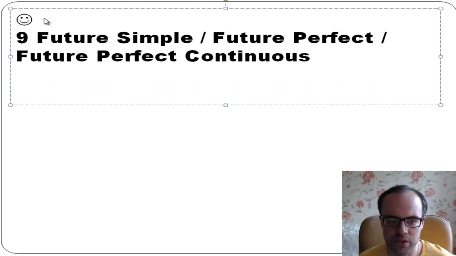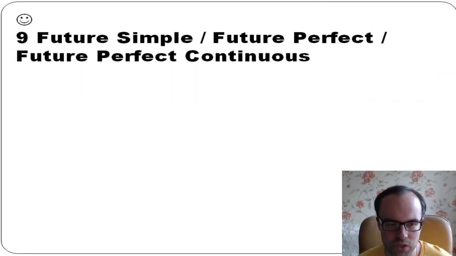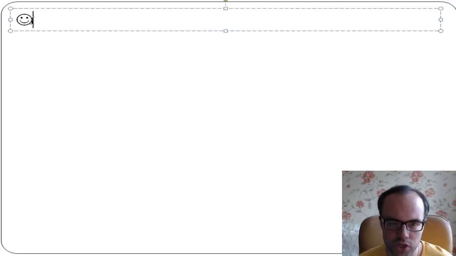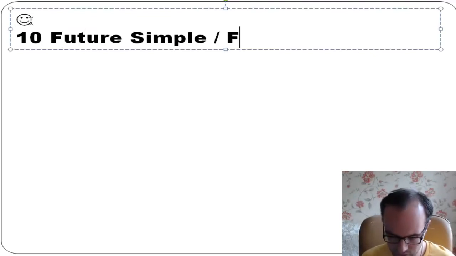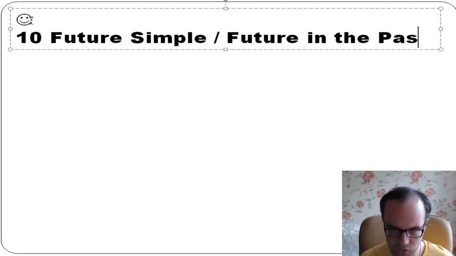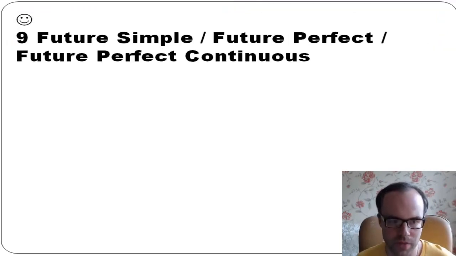And I remembered also one thing, that we need to talk about future and future in the past. So future simple and future in the past. This situation is also very important, and I know that students often make mistakes while talking about it.